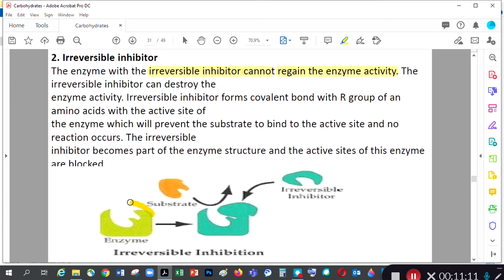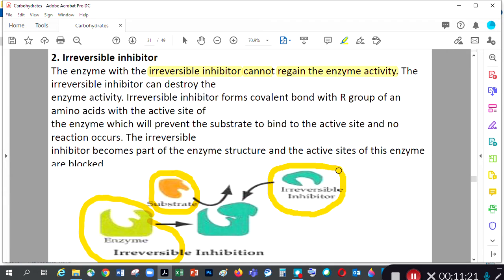Look at this. This is our enzyme here. Okay, that's irreversible inhibition. This is our substrate. Now this is the inhibitor. The inhibitor is now going in and, see here, it's part of the enzyme, and so the substrate cannot fit in.